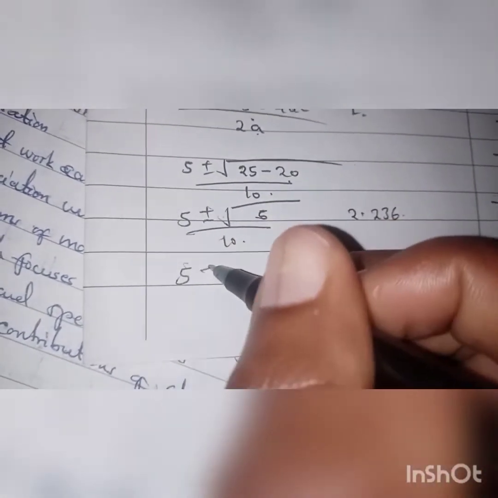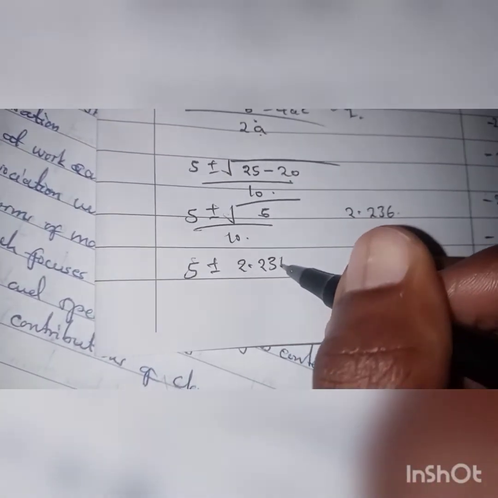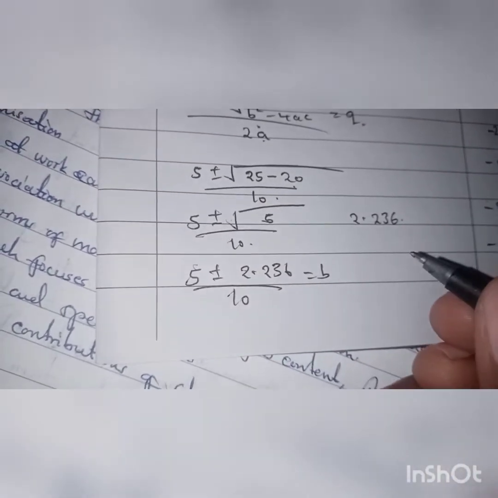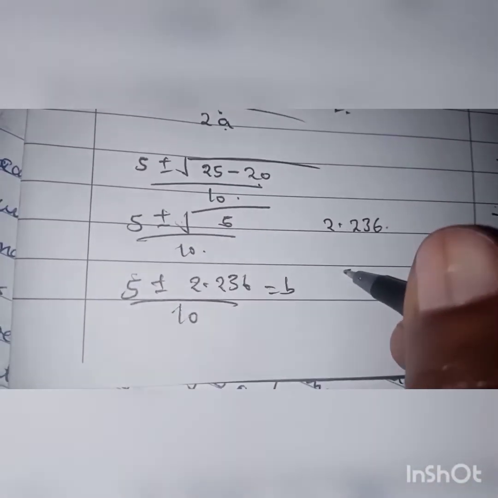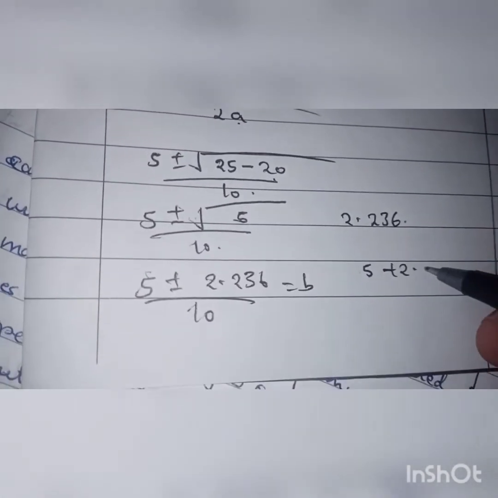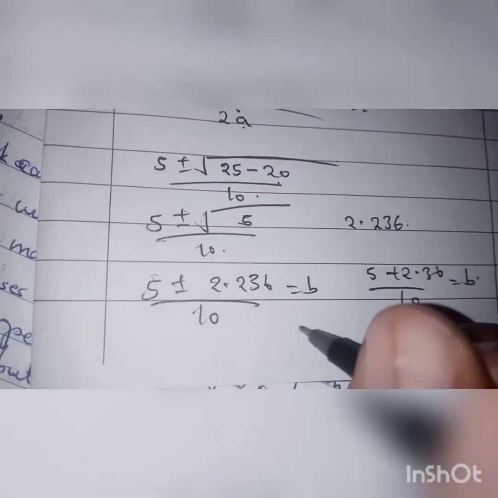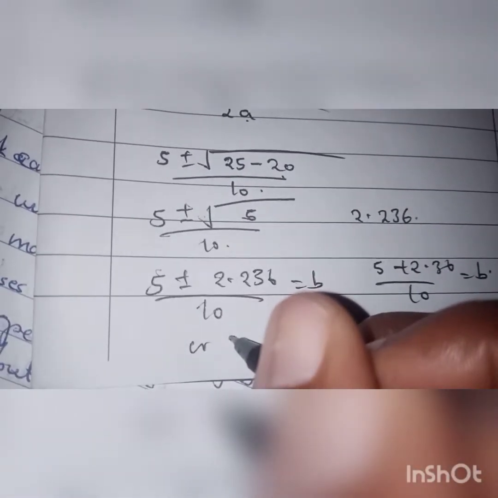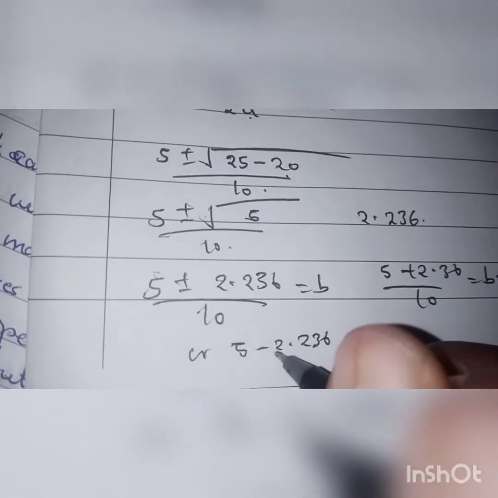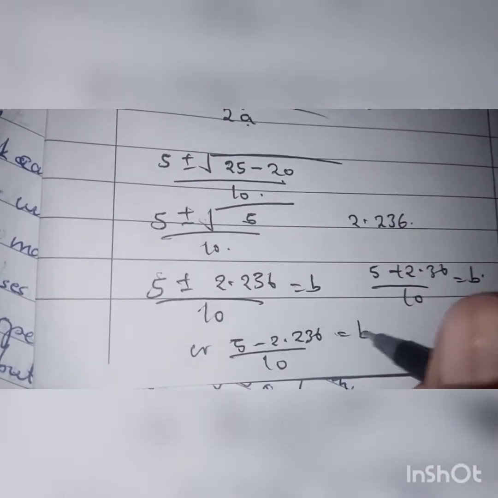Therefore, 5 plus or minus 2.236 all over 10 should give us the value of q.